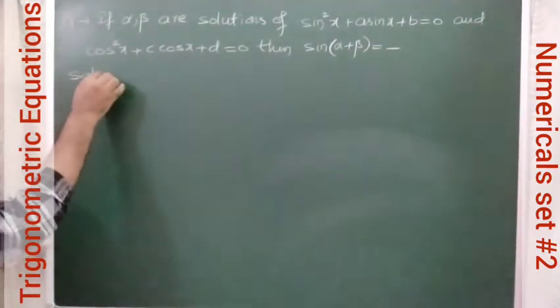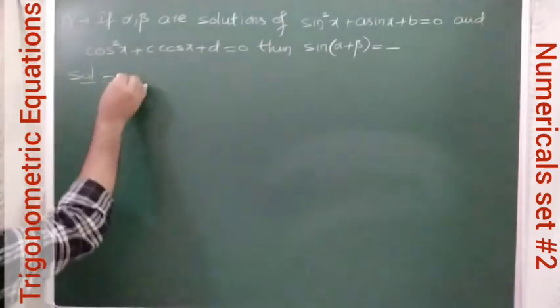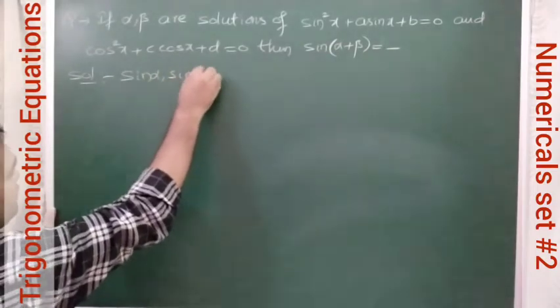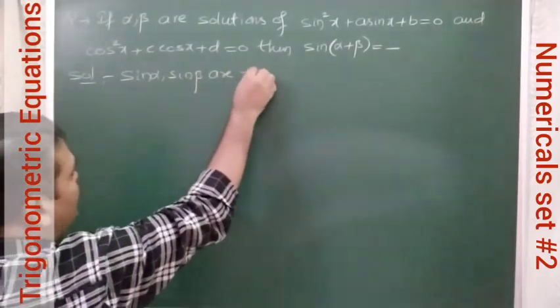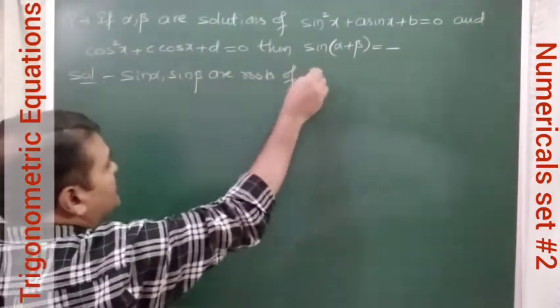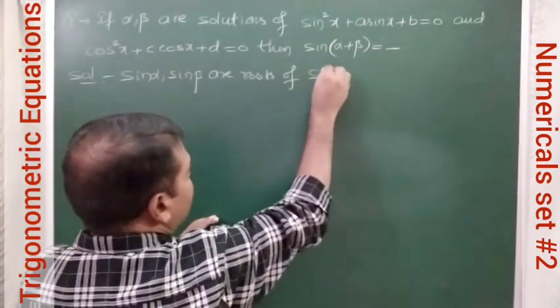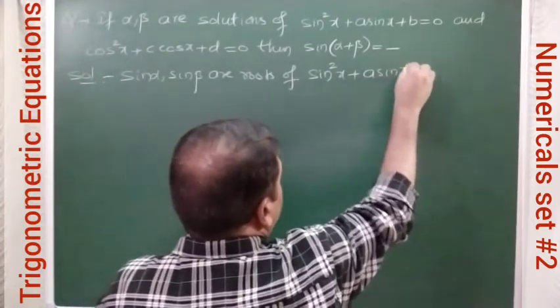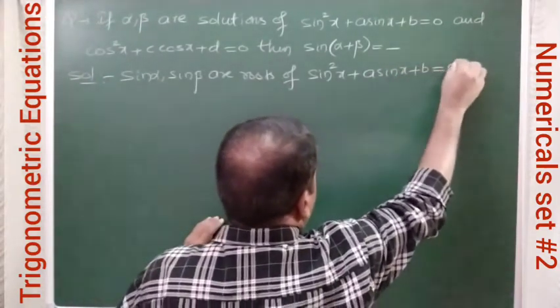We just have to observe that sin alpha, sin beta are the roots of this first equation, sin square x plus a sin x plus b is equal to 0.